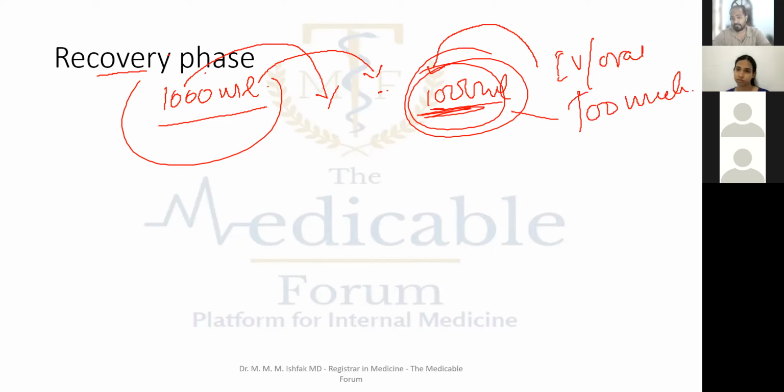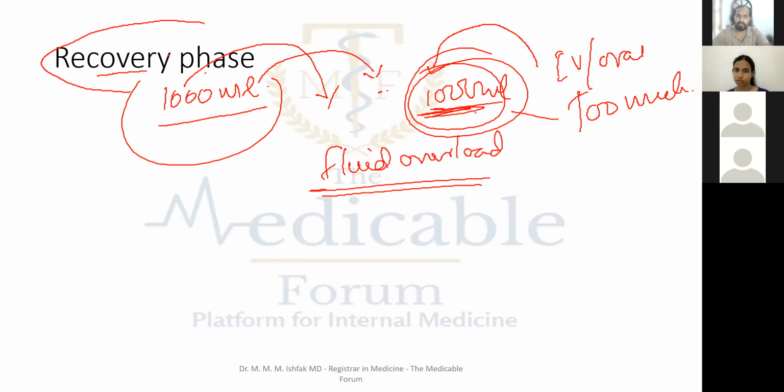Now, the problem is if you give too much. If you give too much of fluids, then during the recovery there will be a fluid overload. Now, this is the most common complication in recovery phase. Because over enthusiastic fluid being given during the critical phase would lead to a fluid overload in your recovery phase.